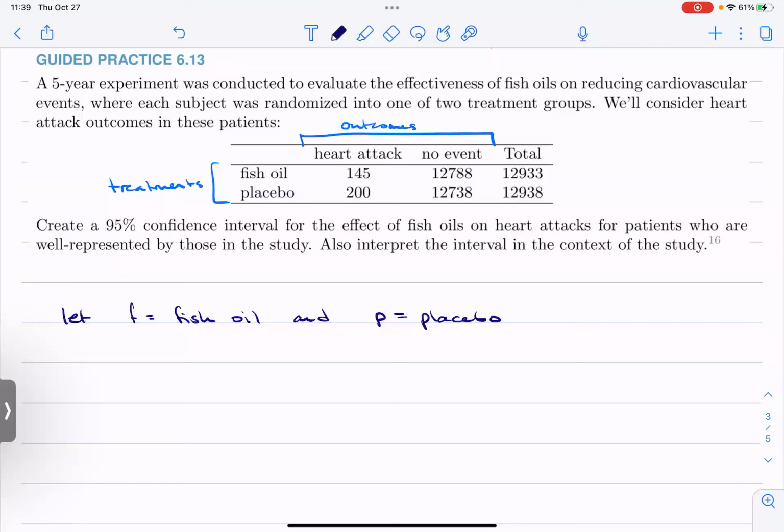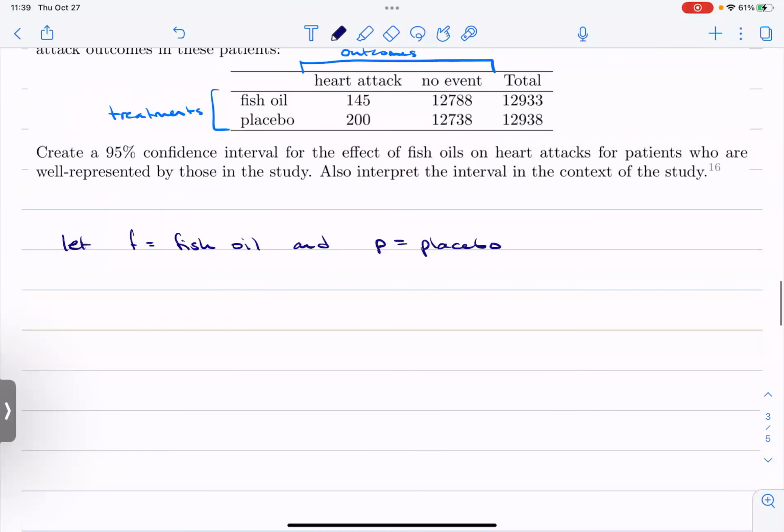So whenever you can, try to use these question-specific subscripts. It'll help you keep track of what values come from where. And so if we talk about P hat, and maybe I'll do them side by side here, P hat F, that's the sample proportion of people who have heart attacks in the fish oil group, which is 145 over 12,933.